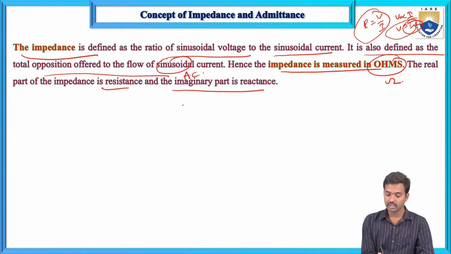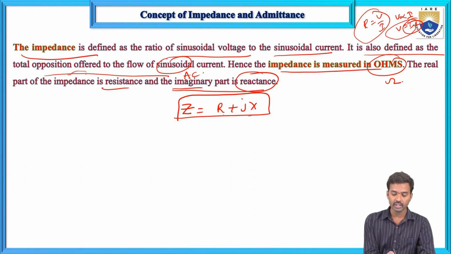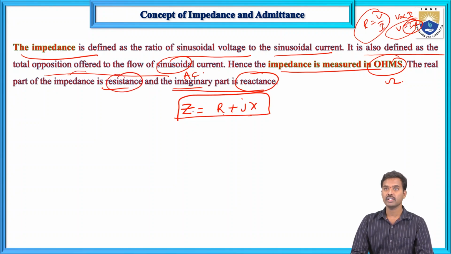Impedance is represented with Z, and Z equals R plus jX. The j notation I will explain in the next slide. R is the resistance and jX, X is the reactance. This is the imaginary part, this is the real part, and this is the impedance.